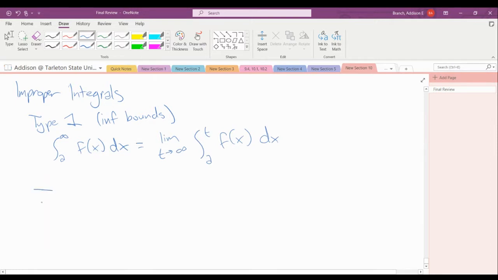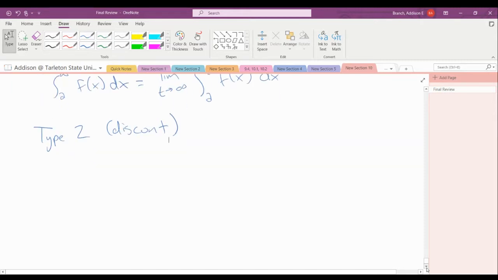And then you have type 2, which I usually think of as the discontinuity ones. Let's say you have a discontinuity in the middle of your interval. Remember, you can break that up and use limits as well.